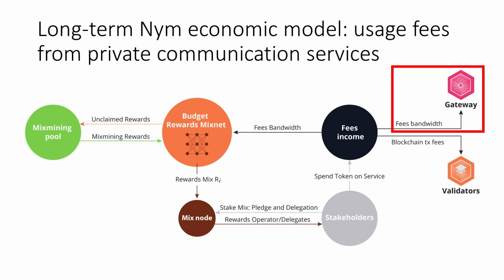So the stakeholders spend tokens on the service, and this is what we call the fees income. Okay, so the income that comes from users paying for the service. So how is this income distributed? Part of it is going to be blockchain transaction fees, and these are paid to the validators.